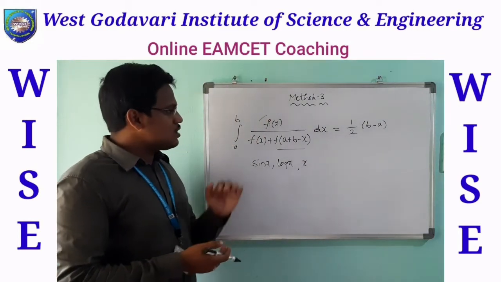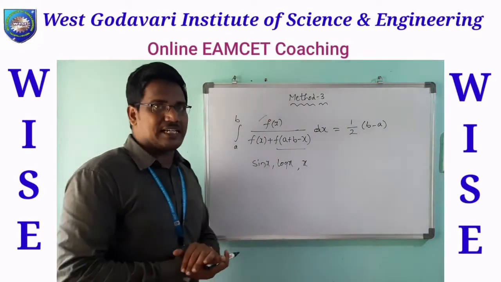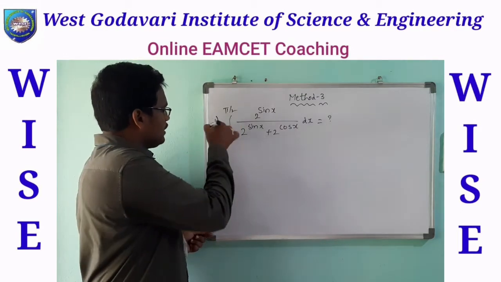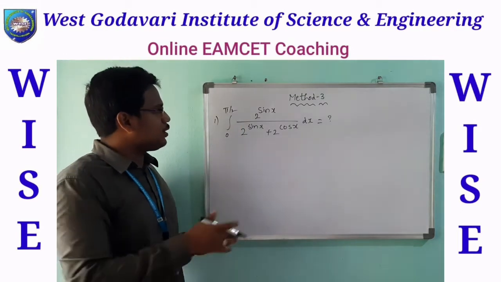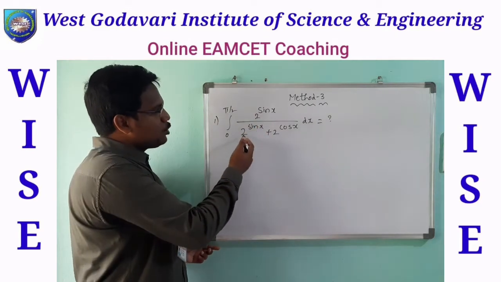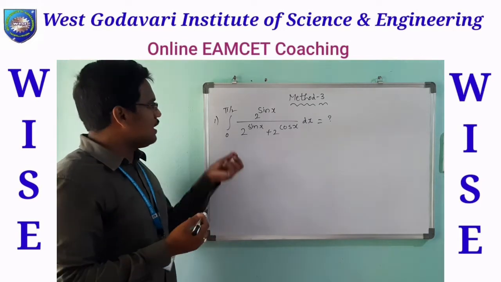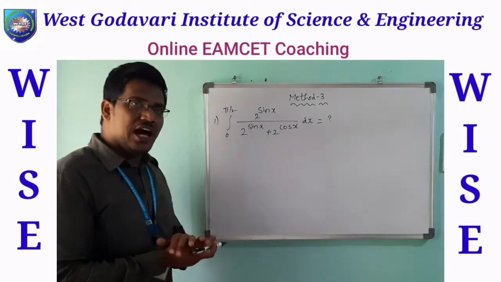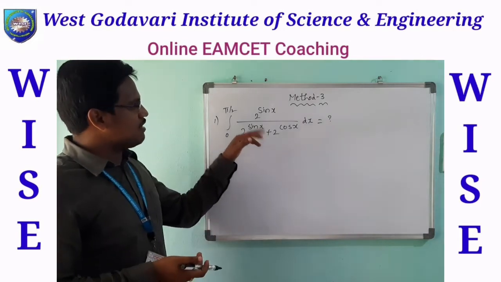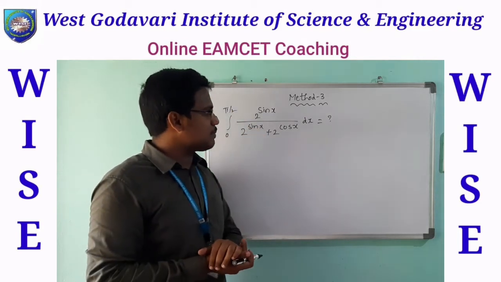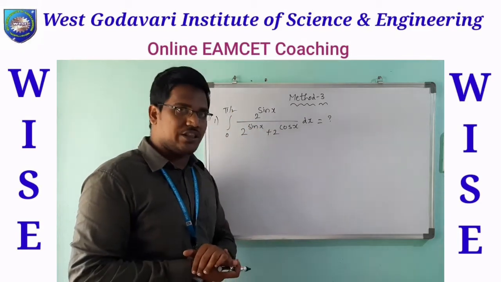Now see the examples regarding this method 3. This is our first problem, the integration from 0 to π/2 of 2^(sin x)/(2^(sin x) + 2^(cos x)) dx is equal to. Here it is a definite integration and the format is in the form of different functions. Here the trigonometric functions are included in this format.